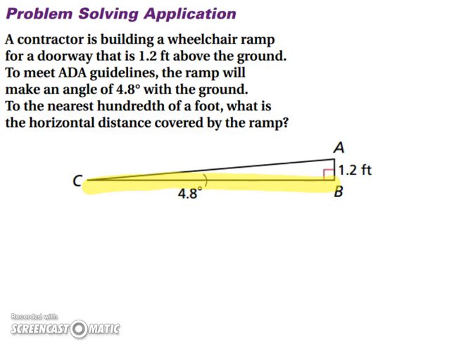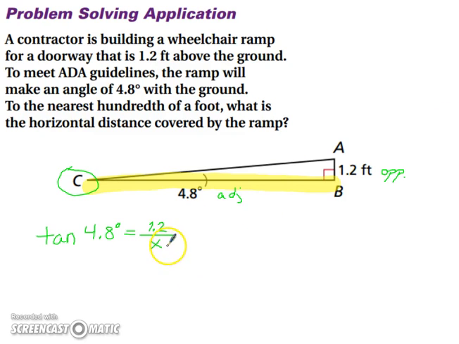Okay, so now let's look. We've got angle C. They gave us the opposite here, and they want us to find the one that's adjacent. So the only trig ratio that deals with opposite and adjacent is the tangent. So tangent of 4.8 degrees equals our opposite, which is 1.2, over our adjacent.